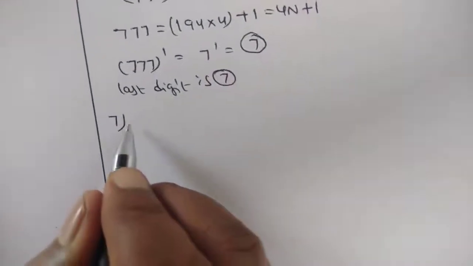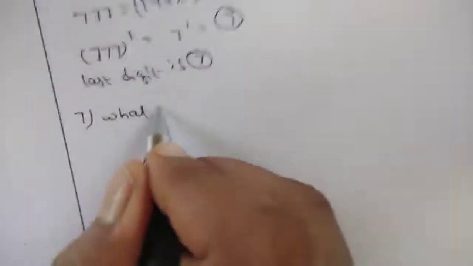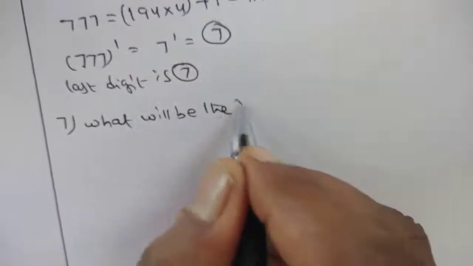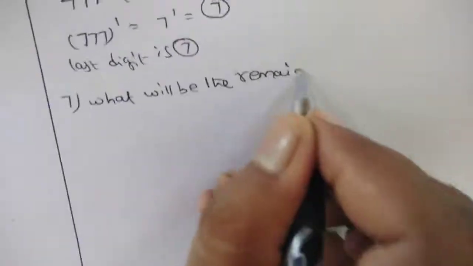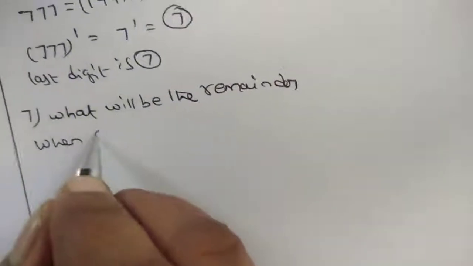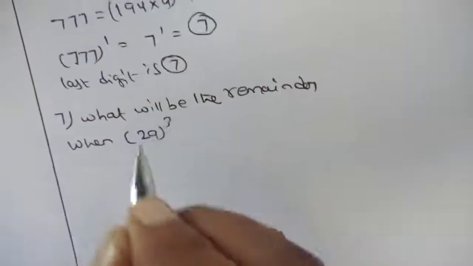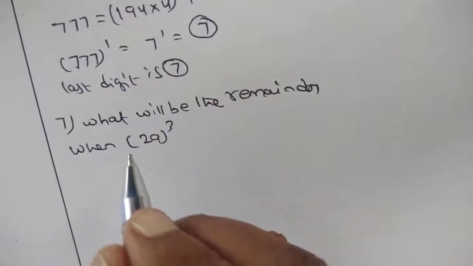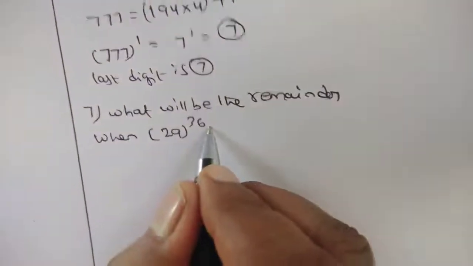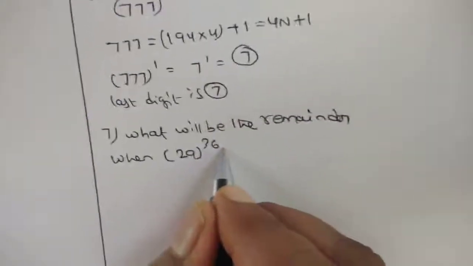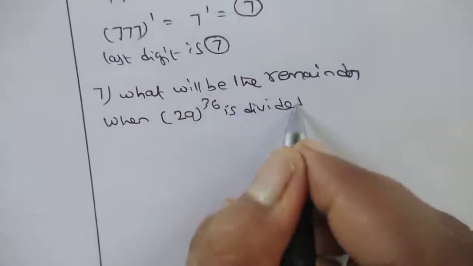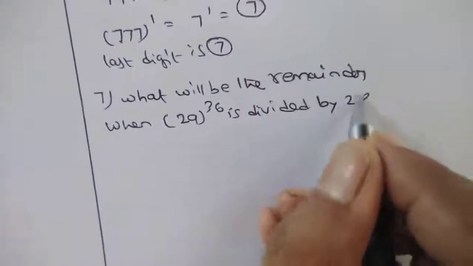Listen here the problem. What will be the remainder when 29 power 36 is divided by 28?